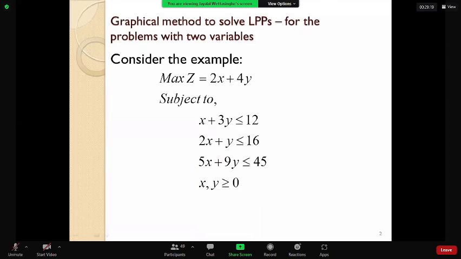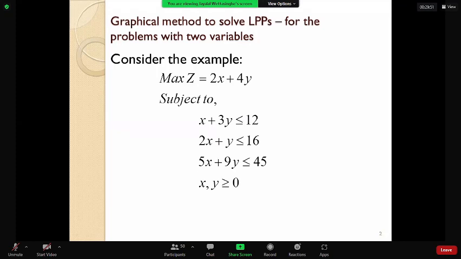Yes. Okay, so as I explained, we have to draw all the constraints in the graph. To do that, I will first explain how to draw the first constraint, x plus 3y less than or equal to 12. We can forget about the inequality sign first, and draw the line x plus 3y equals 12.